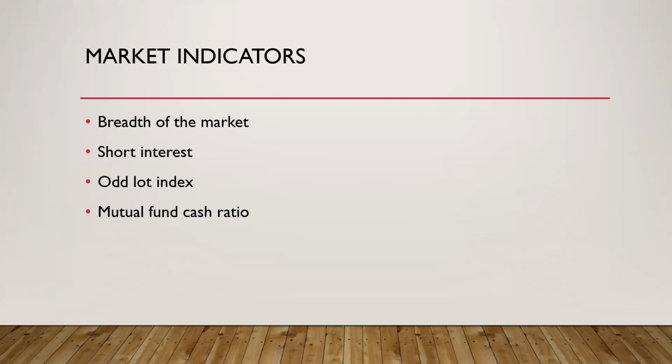On Tuesday, suppose the number of advances was 470 and the declines were 510. This means more securities' prices fell than rose. So we get advances minus declines: 470 minus 510 will give you negative 40, because there are more declines than advances.